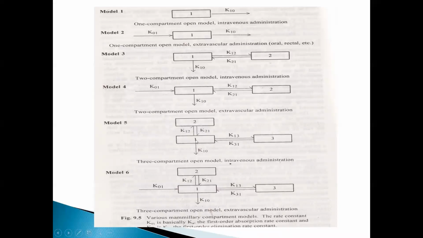Similarly, movement of drug from 1 to 2 is given by K12, and from 2 to 1 is given by K21. And the elimination is given by the rate constant K10. So this is for a 3-compartment open model for IV administration.